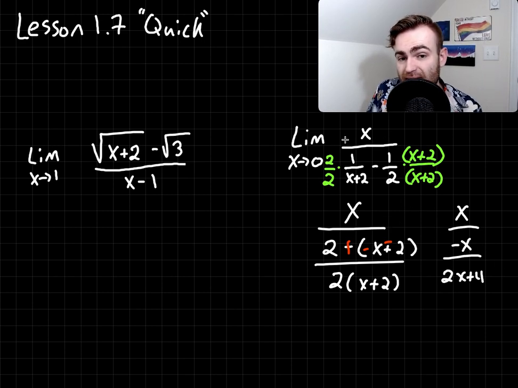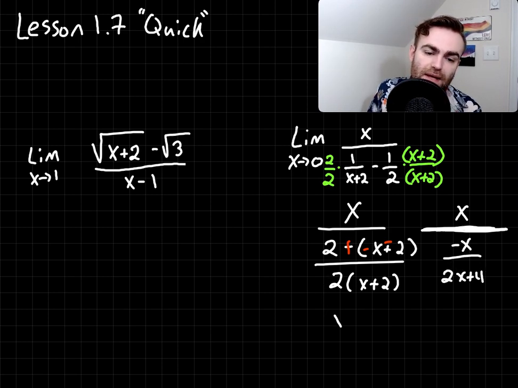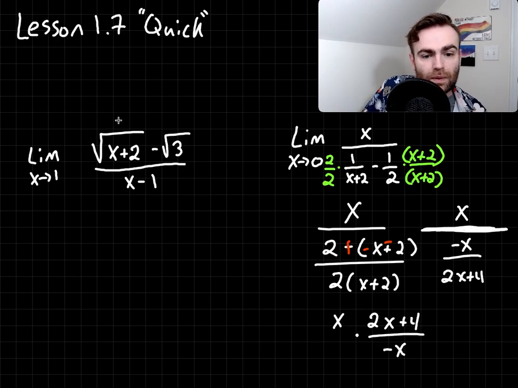Keep in mind that the original fraction bar was with this x. So in terms of the overall fraction, this fraction here is the denominator. So when we multiply by the reciprocal, we are flipping this. So we have this x to begin with here, and we're going to multiply that by the reciprocal of this fraction, 2x plus 4 over negative x. What happens?